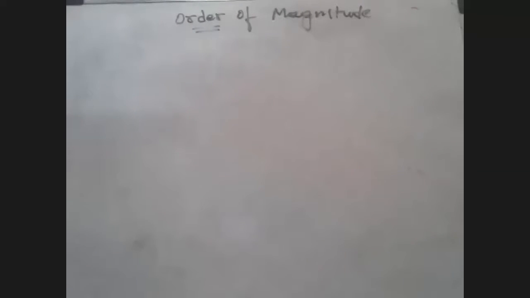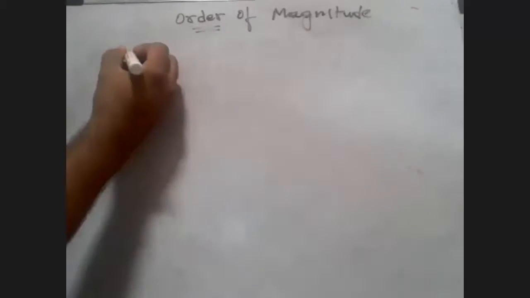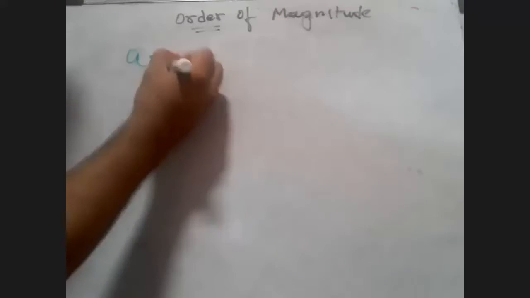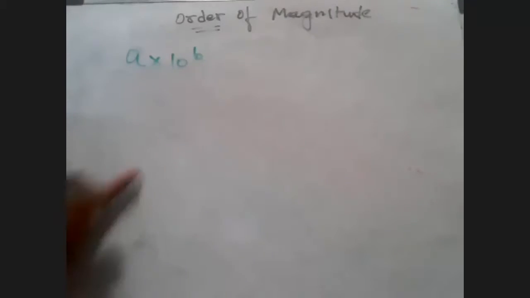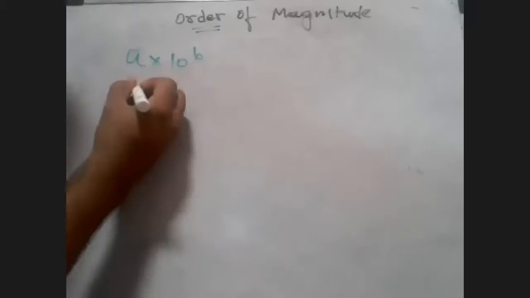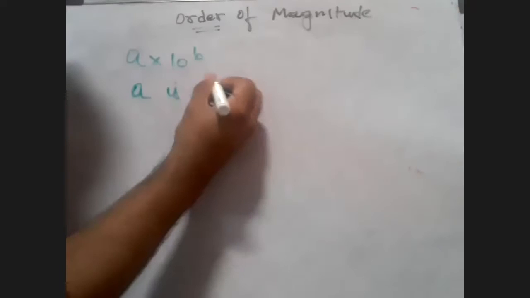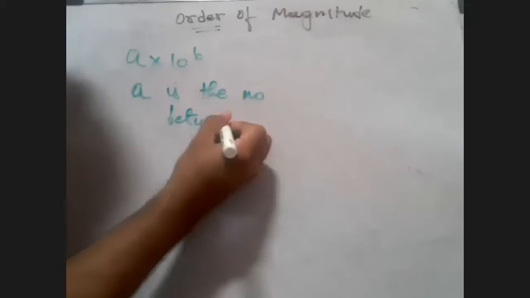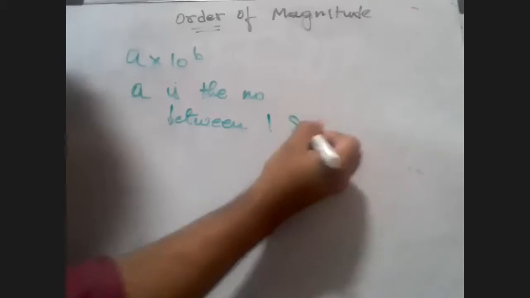So when I'm talking about order of magnitude now, okay, what will it be? Let's say in your NCERT books it is given like this: A into 10 raised to B, where A is the number between 1 and 10.